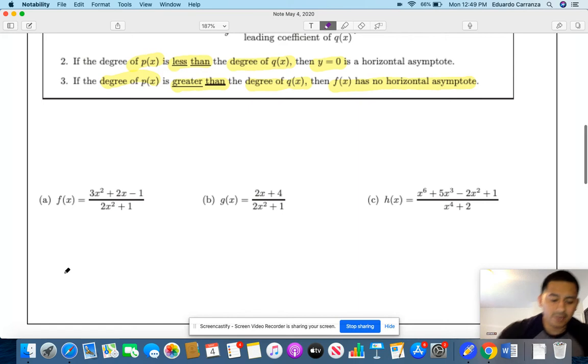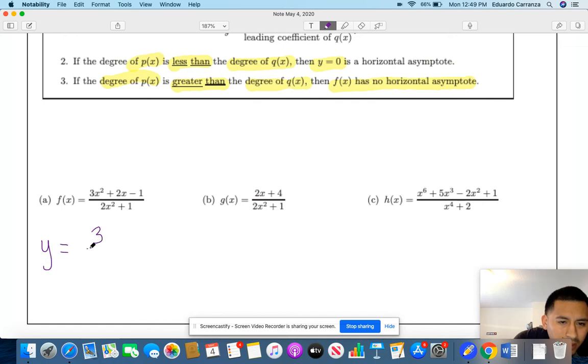The leading coefficient of the polynomial in the numerator is 3. So my horizontal asymptote is going to be at y is equal to 3 divided by the leading coefficient of the polynomial in the denominator, which is 2. So my horizontal asymptote for this rational function is y is equal to 3/2.